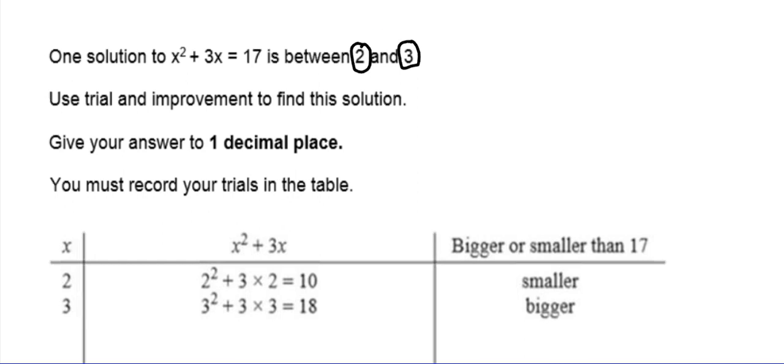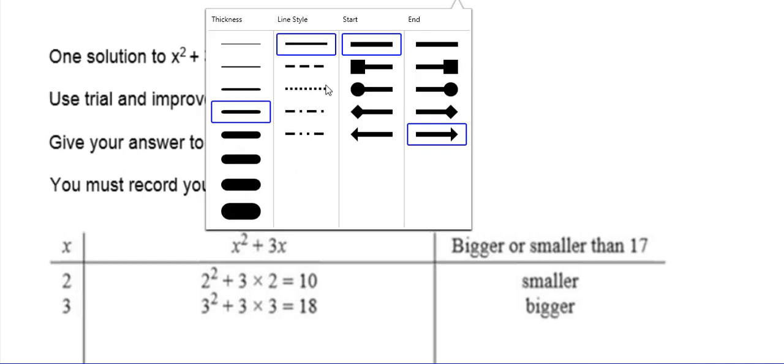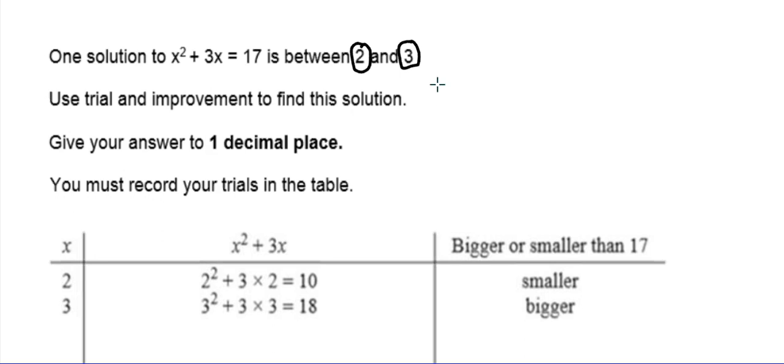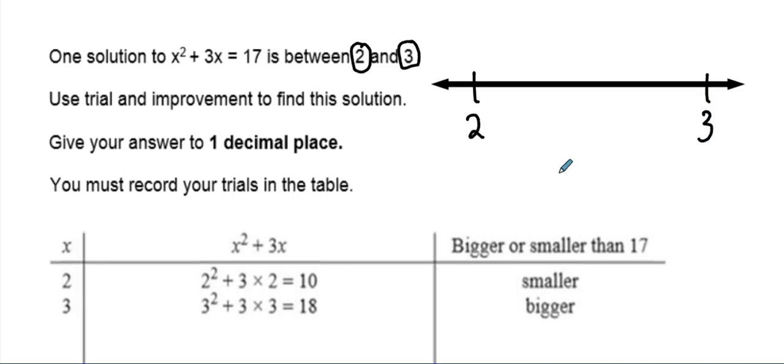So we have the interval over here that one solution is between 2 and 3. We have 2, we have 3. So we have to try all the numbers which are between 2 and 3 and see which number will give us the answer equal to 17.